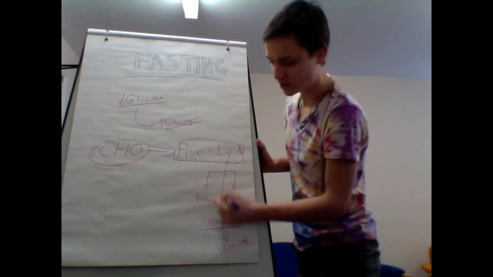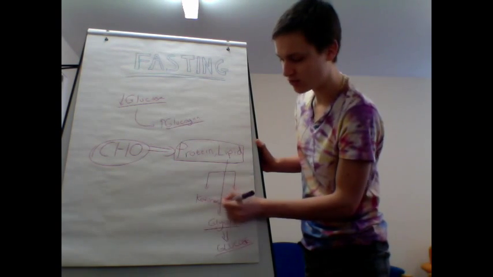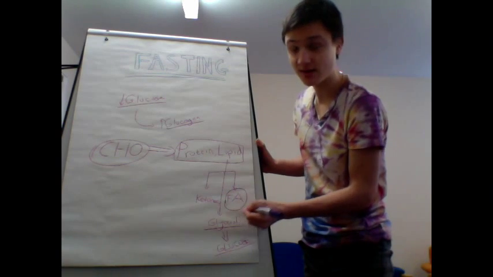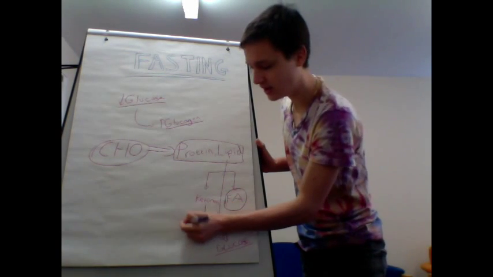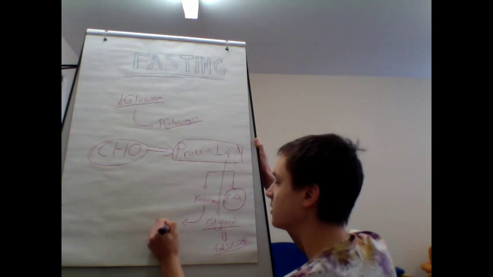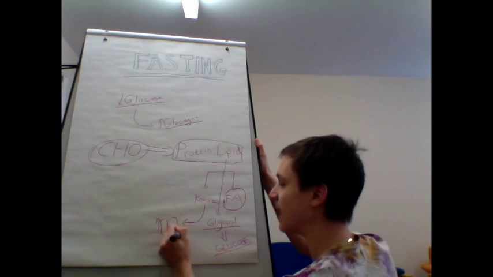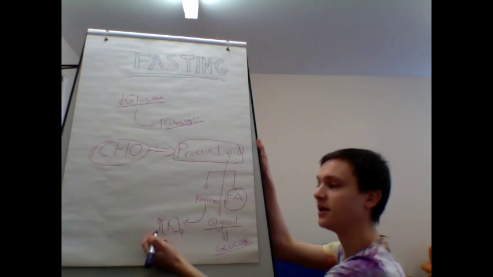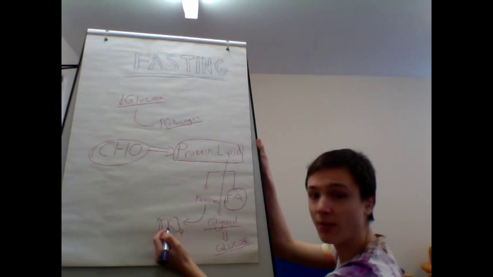So your tissues reduce the rate at which they use ketone bodies and increase the rate at which they use fatty acids, which results in the amount of ketones in your blood. So this is just shorthand for concentration in your blood. The amount of ketones in your blood goes up.